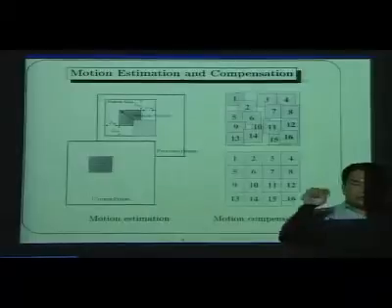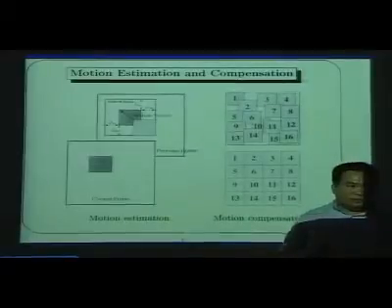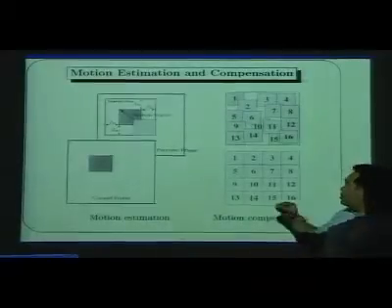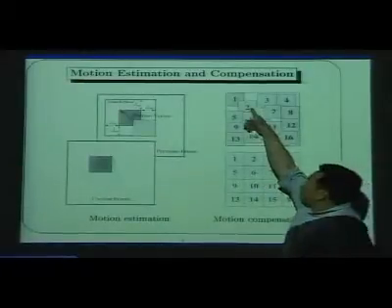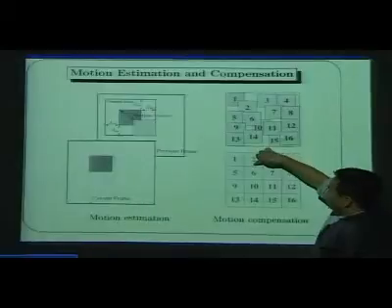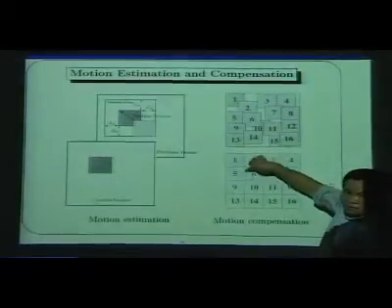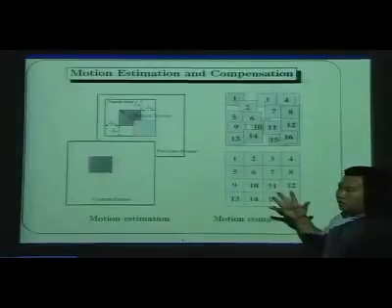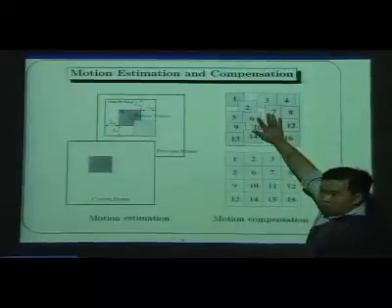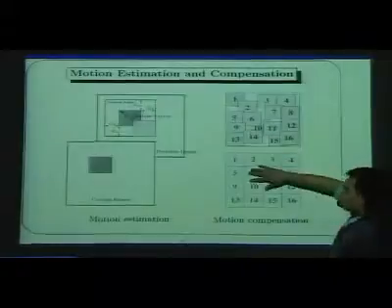So the motion vector is 0, 0. Okay? The best match for 2 is this one. The motion vector will be down and to the left, and so on. Right? If I send a motion vector, I already know the previous frame, right? I know how to find it.